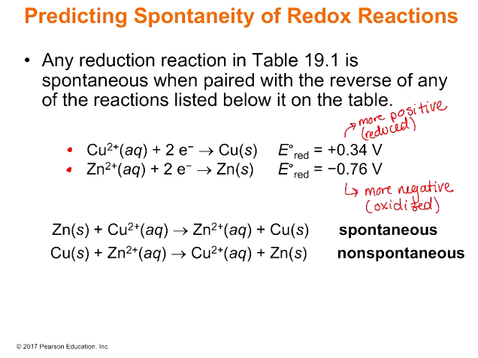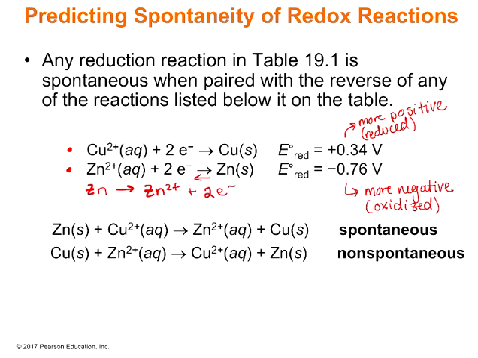Okay. So that means we need to flip this second reaction. So this will actually be zinc losing electrons to become an ion. All right.